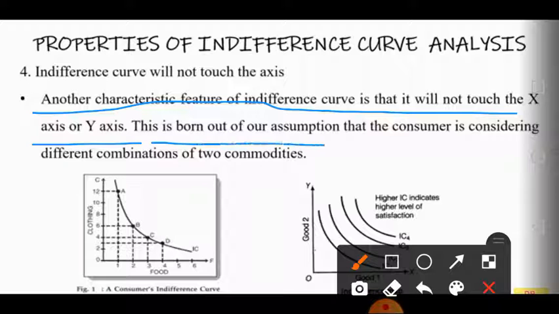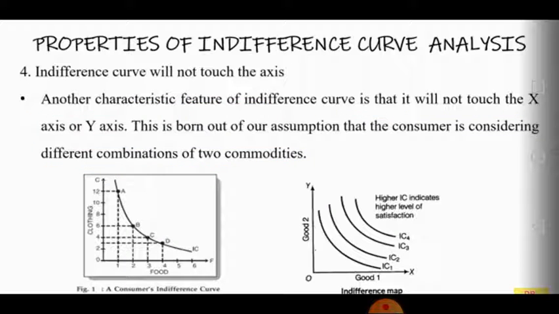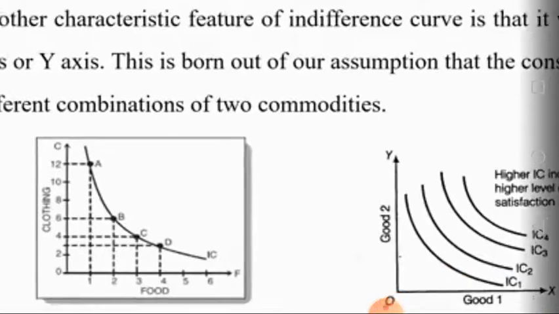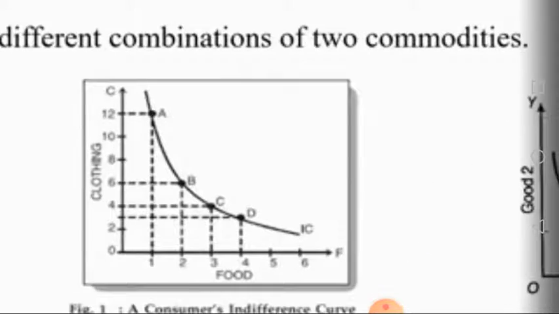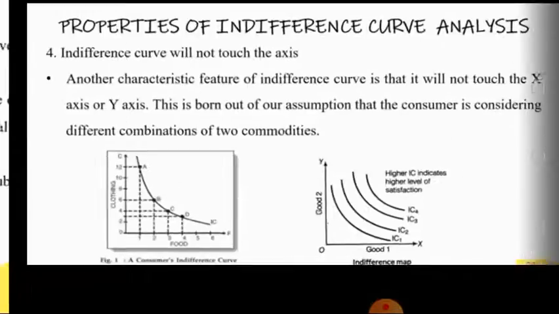This is borne out of our assumption that the consumer is considering different combinations of two goods. If it is touching, that means at that level the consumer is using only one commodity, which is outside of its assumption. So if any curve is touching the x or y axis, that curve is not an indifference curve.